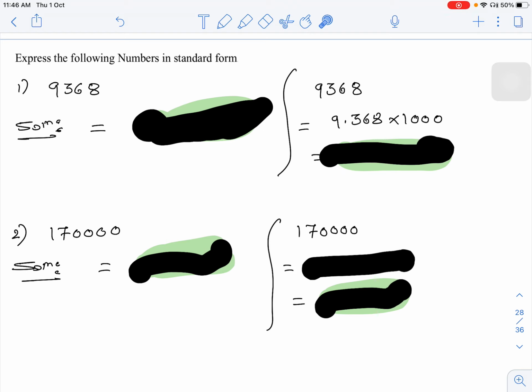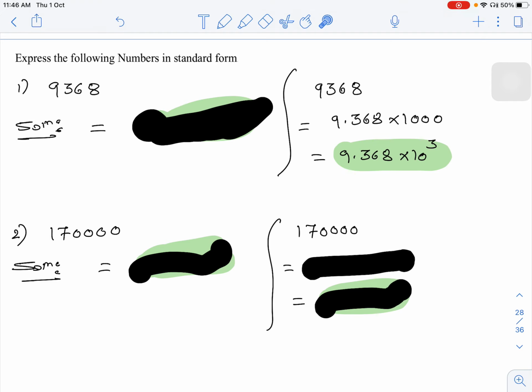Now we have 9.368 into 1000. Now how to write this 1000 in terms of power of 10? 1000 can be written as 10 raised to 3. So what is our answer? 9.368 into 10 raised to 3.